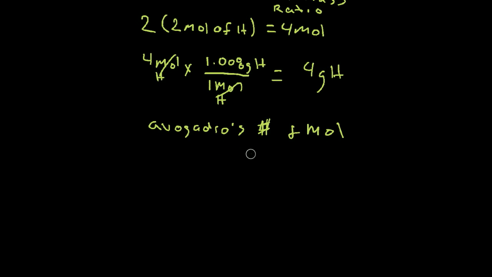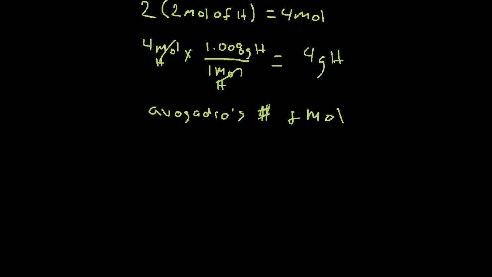But I mentioned before about how there's 12 eggs in a dozen of eggs. Well, Avogadro's number is very much just an equation of that. It's saying that for every 1 mole of an element, and you know what? Let me even erase this and write it out like that.